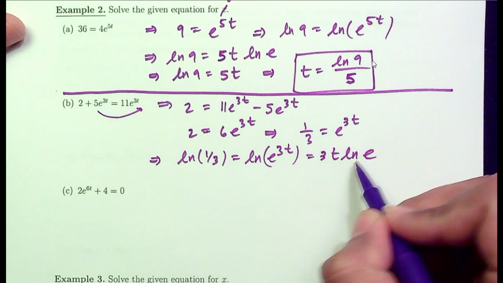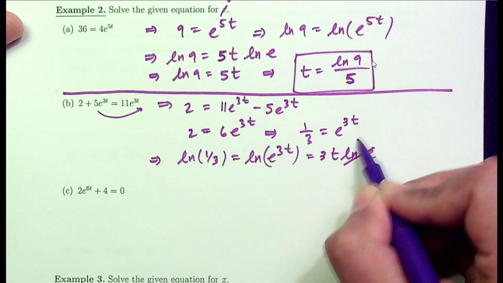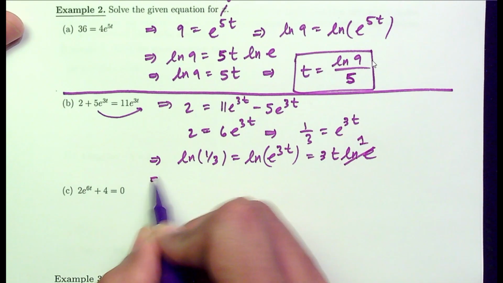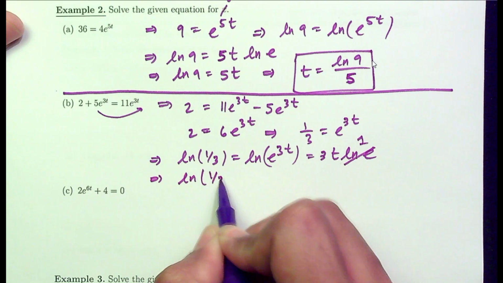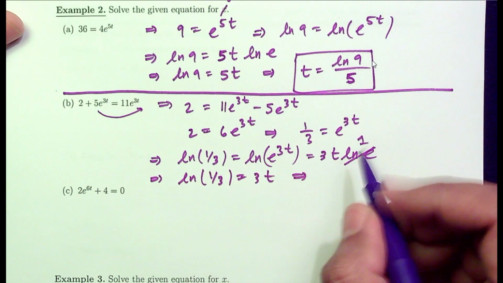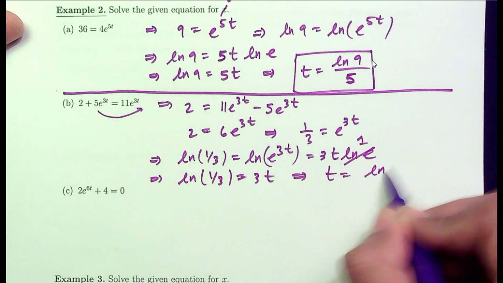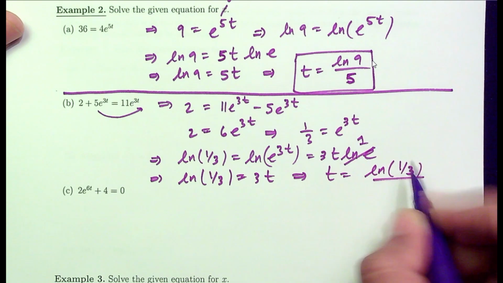Now ln of e is 1, so this is not needed, this is just 1. So you're going to get then that ln of 1/3 equals 3 times t, and divided by 3, you get that t equals ln of 1/3 over 3.